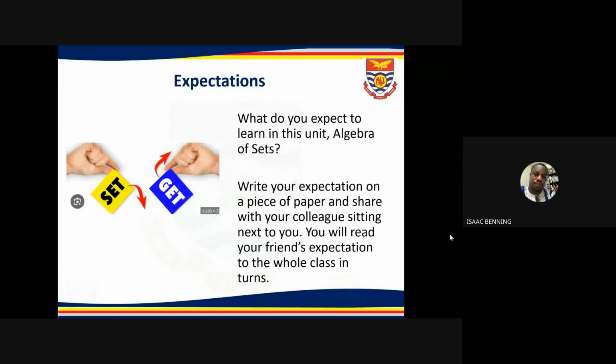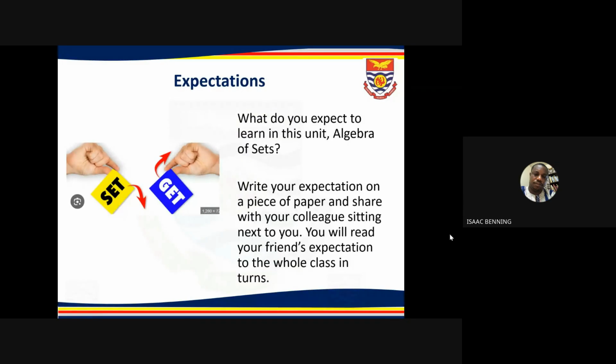Okay. Then Justina, she is saying she should be able to work with set operations. Then Youngson, his expectation is to know step-by-step approach in solving three-set problems. That is fine.